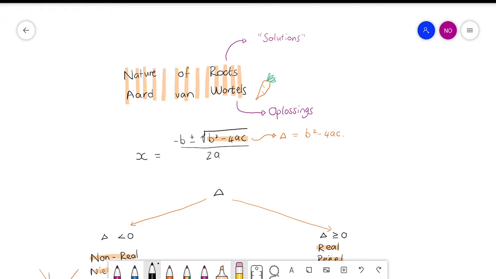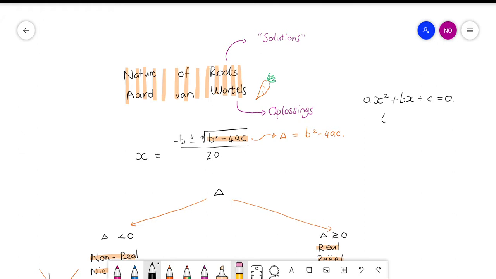So we all know that if we have a quadratic equation, and we solve it, then usually we get one of three situations. You either get on your calculator a math error, which means it has no solutions, or you get two answers, but they're the same.